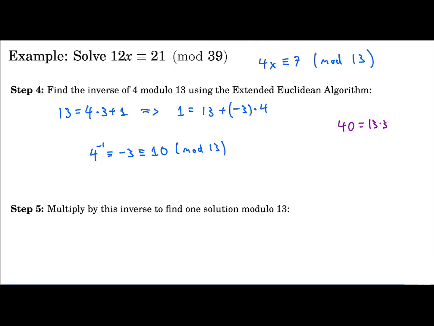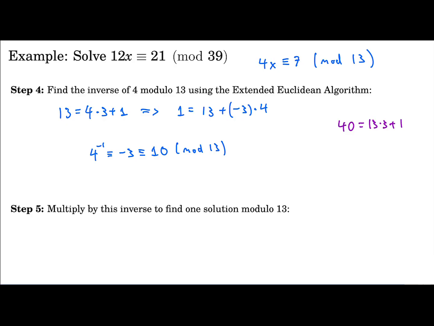So 13 times 3 is 39, and then plus 1. So you can see that indeed, if you multiply this equation here by 10 on the left, you're just going to get a 1. Okay. So if you multiply by 10, you'll get the 4 times 10.